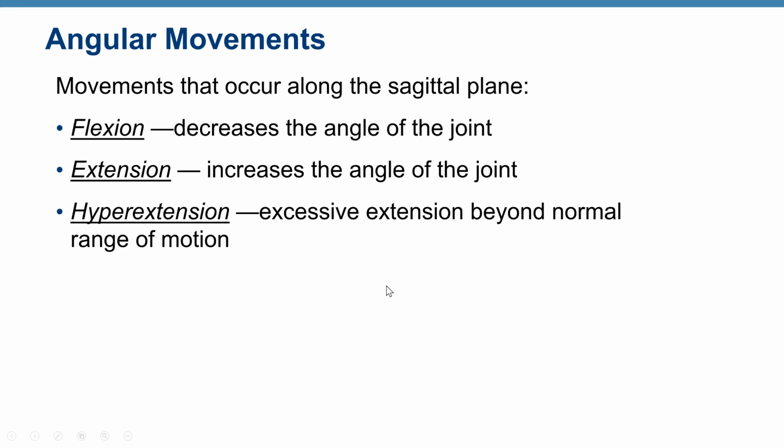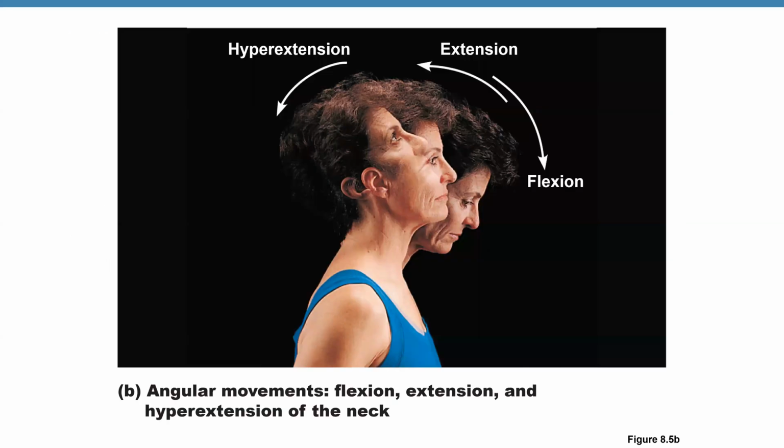So, for example, if you bend forward your back, right, your vertebral column, that's going to be flexion. You go back up, that's going to be your extension. But if you bend backwards, then that's going to be your hyperextension. That's beyond normal. It's beyond the anatomical position, right?